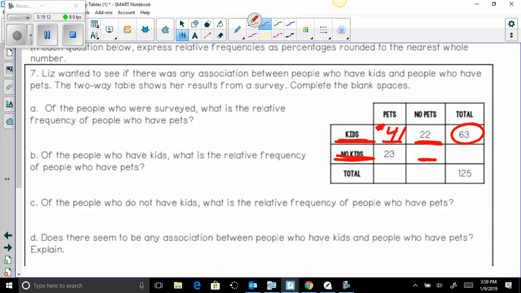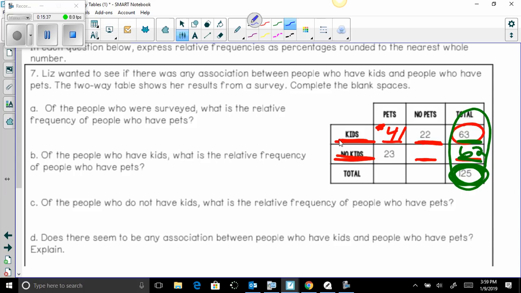How many people who didn't have kids had no pets? Do I have enough information to figure this out if I don't know the total here? I do not, but look what I do know. I know this in the bottom here. Doesn't that help me get the total of this whole column? These two things here should give me 125. So if I subtract 125 minus 63, that gives me 62.